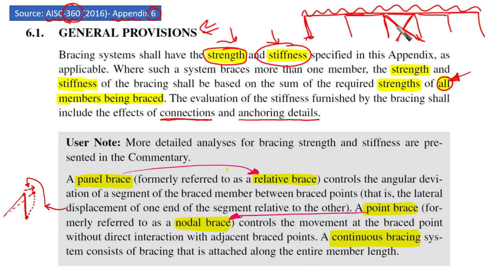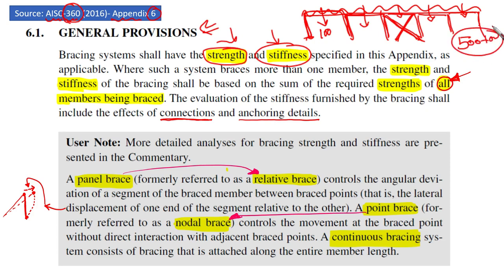So how are we going to design it? First of all, as we are going to see, the stiffness and strength of the bracing that we provide should be a fraction of the gravity or axial strength of the different frames that are going to be braced. For example, if the first one is resisting, let's assume, 100 tons, and the second the same, and the third, the fourth, and the fifth, then the summation of all of them is 500 tons.